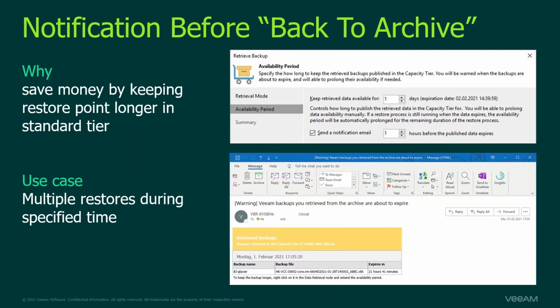And what you don't want is that, for example, if you have restored data and the customer or your internal customer is finished with the restore and the day later they need another file, then we need to run this process over again. It takes time and it costs money. So that's why we store it for a specific amount of days in the capacity tier.